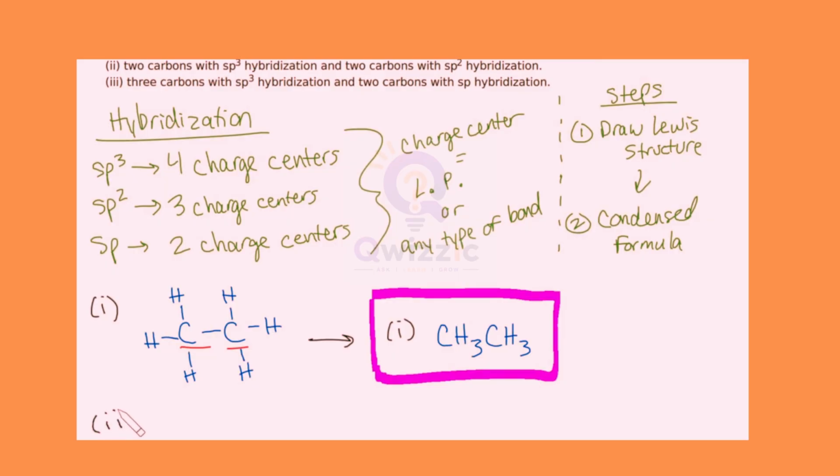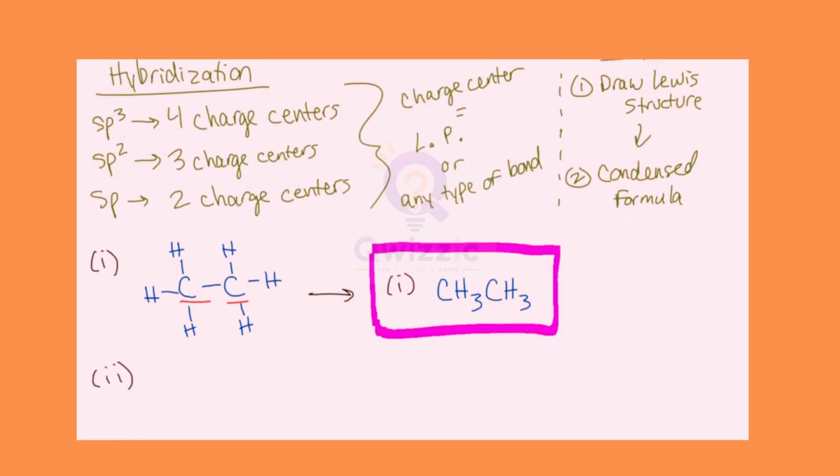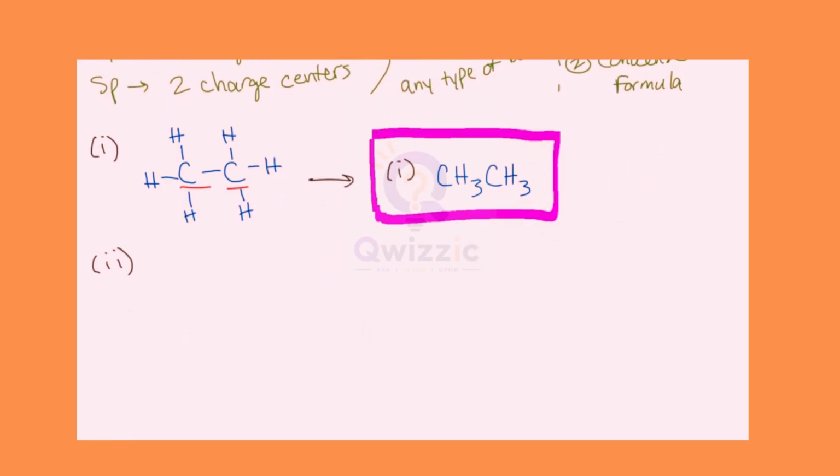All right, compound 2 is 2 carbons with sp³ hybridization and 2 carbons with sp² hybridization. So we have 4 carbons. Let's connect our 4 carbons. 1, 2, 3, 4. And it said 2 with sp³ hybridization and 2 carbons with sp² hybridization.